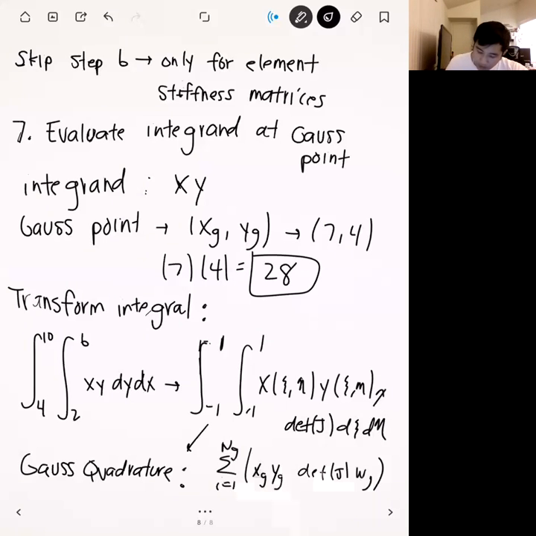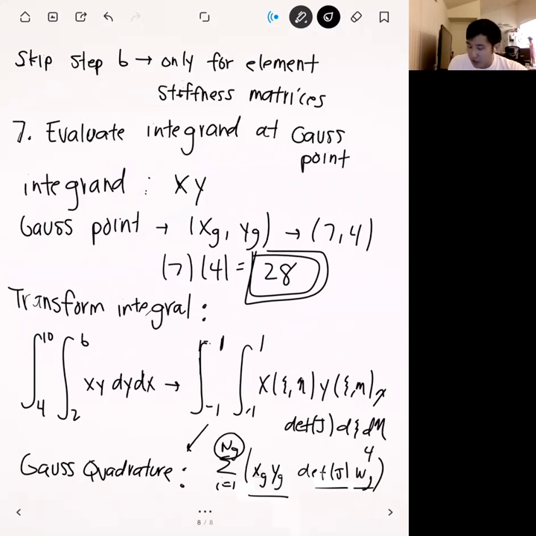We know that ng is just going to be 1 in this case. To evaluate this integral, all we have to do is take the product of xg and yg, which we have in step 7, the determinant of the Jacobian, which we have in step 5, which was 6, sorry, and we have the weight.